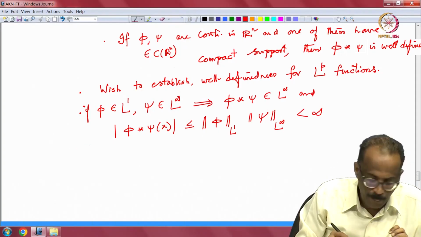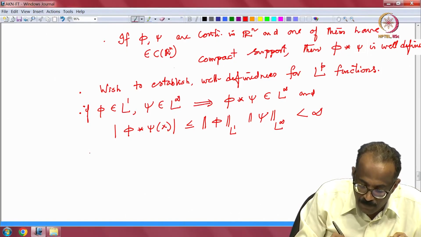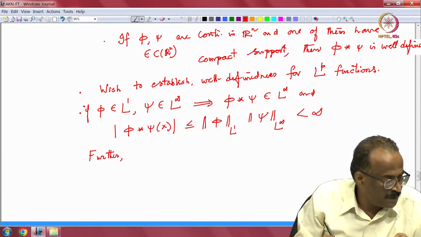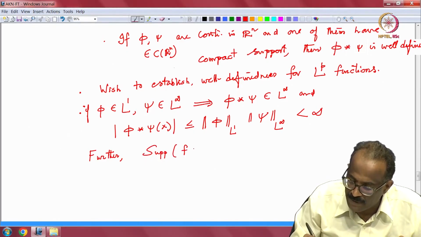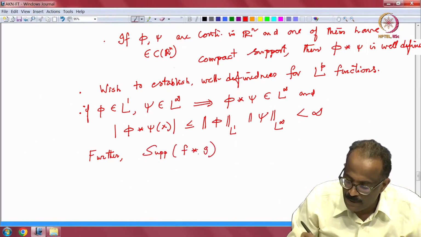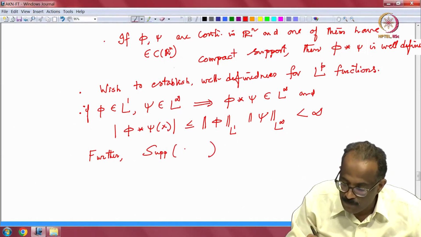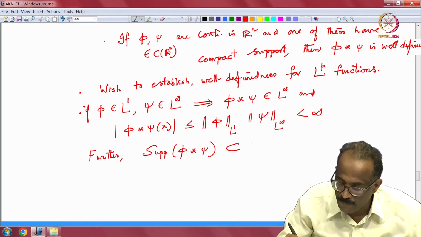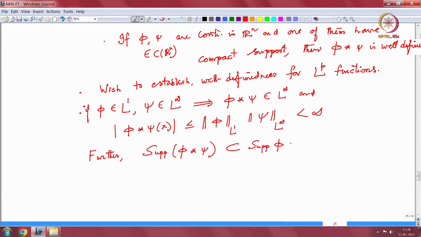Further, if they have compact supports, further you can verify the support of phi star of psi is contained in the support of phi plus the support of psi.